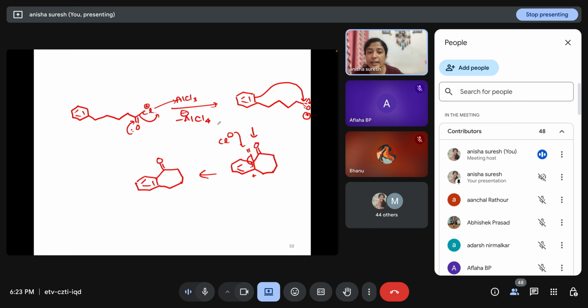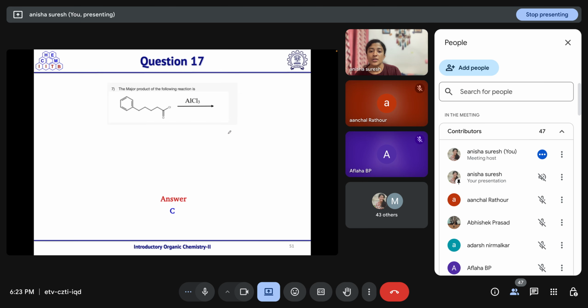So this will be the final product that is forming. Clear? It is an example of intramolecular Friedel-Crafts acylation reaction. Clear, right? Yes, ma'am. Okay. So option C will be the right answer in this case.